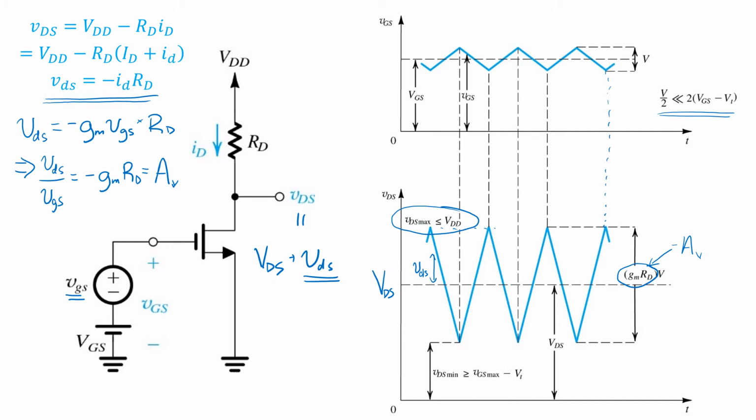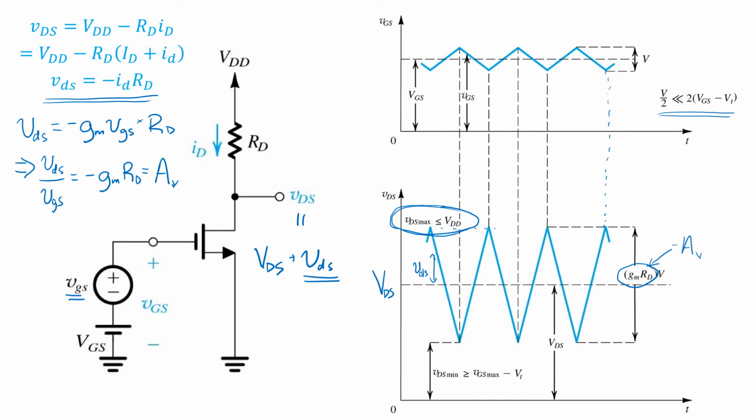If VDS ever exceeded VDD, that would imply that the polarity of the voltage across RD would look like this, and that would imply some current flowing in the reverse direction through the MOSFET. That's not possible. So the highest that VDS can go is a maximum of VDD. That'll happen when there's no drain current flowing. So the second assumption is that VDS max remains below VDD.